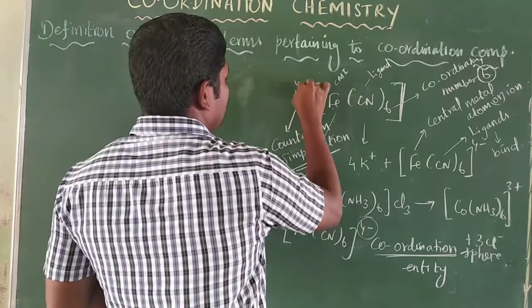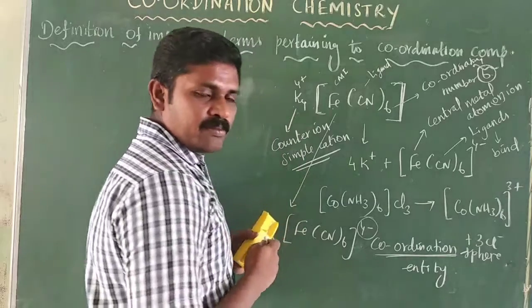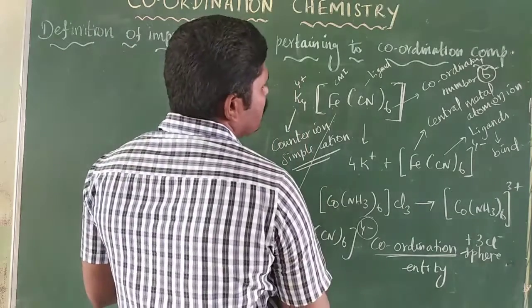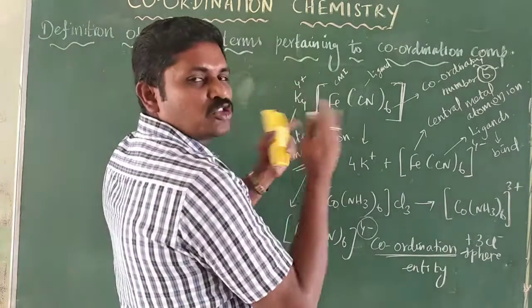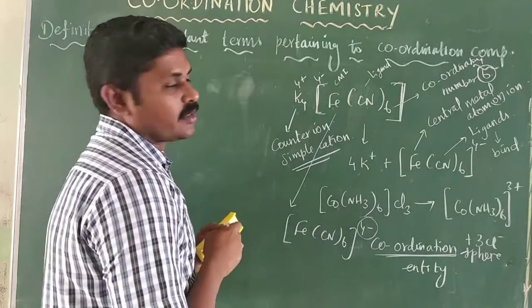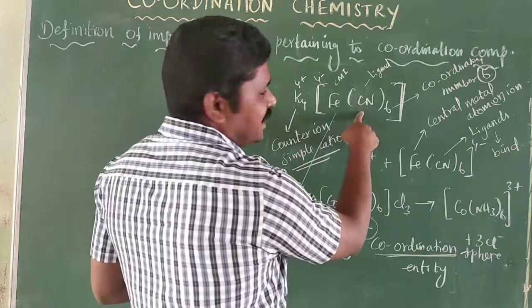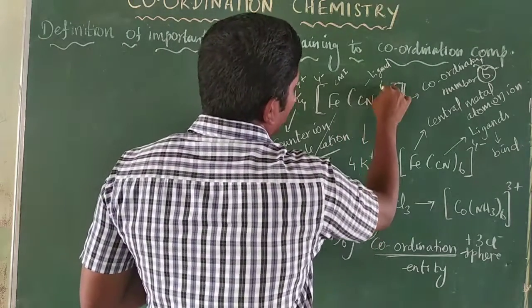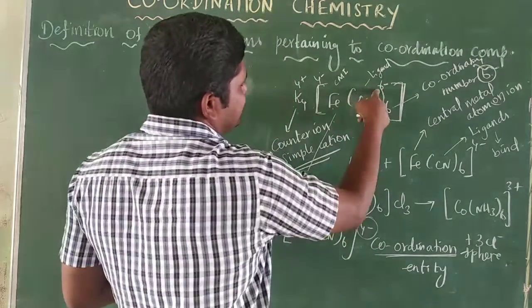Each potassium is +1, so 4 plus. The salt is a neutral complex, so 4 plus and 4 minus. Each CN is minus 1, so 6 minus.